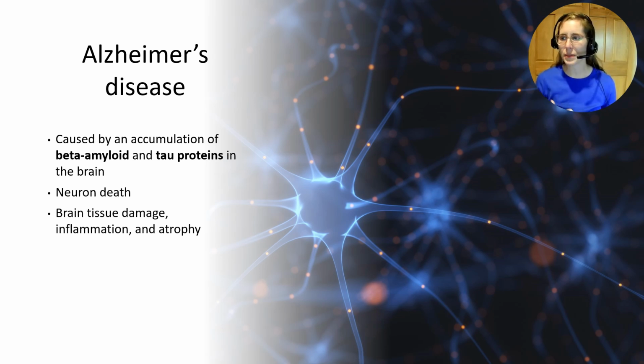And this is accompanied by a whole variety of different processes such as neuron death, brain tissue damage, brain inflammation, and even brain atrophy. And again, this will just be important later when we talk about the diagnosis and assessment of dementia, and then again later when we talk about treatment.